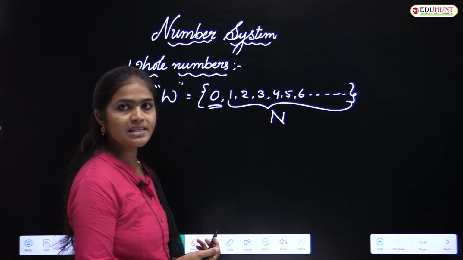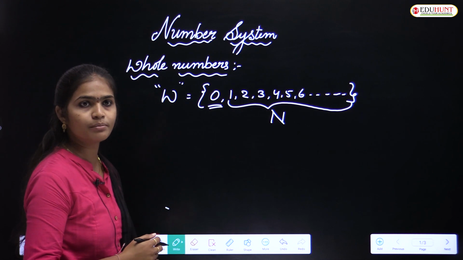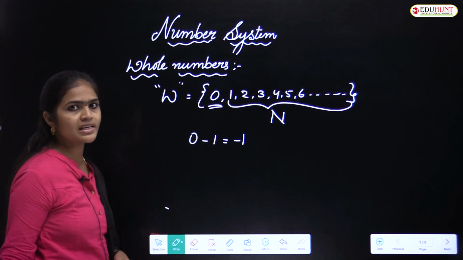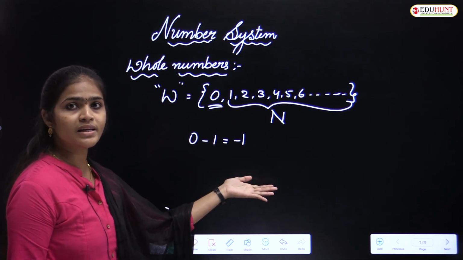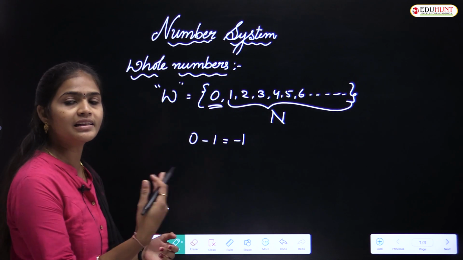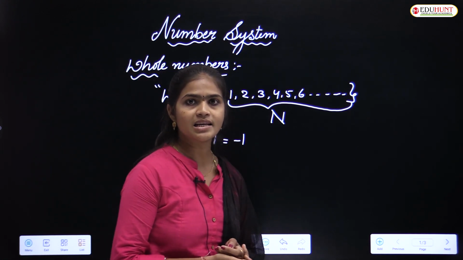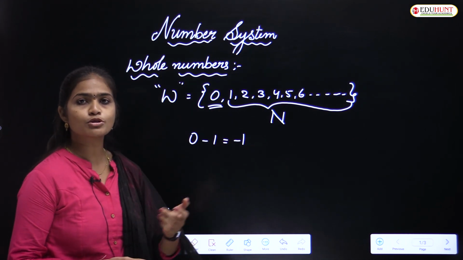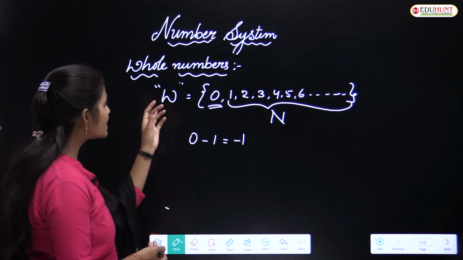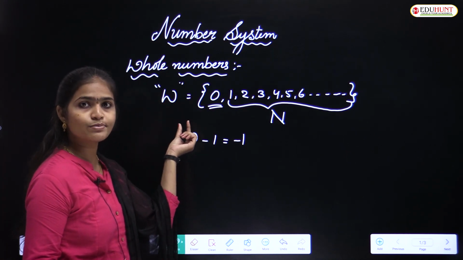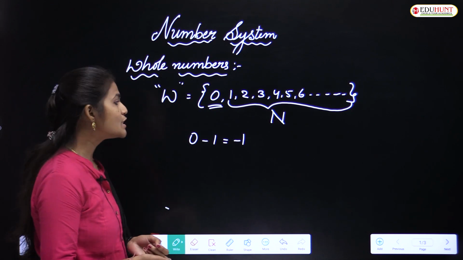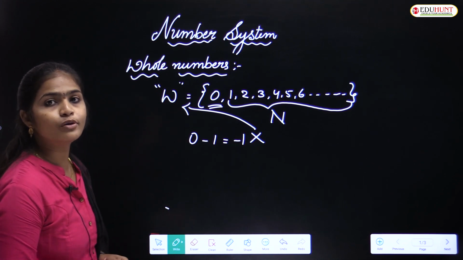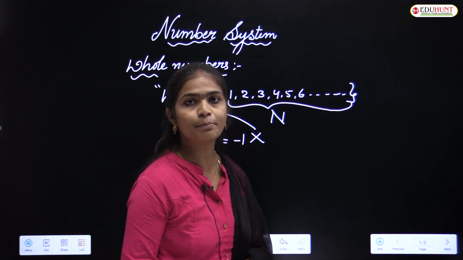Because the predecessor means you subtract 1 from the given number. 0 minus 1 is minus 1, since 0 means nothing is there, and we can't subtract from nothing. Is minus 1 in this set? Not there. That's why in whole numbers, 0 does not have a predecessor.